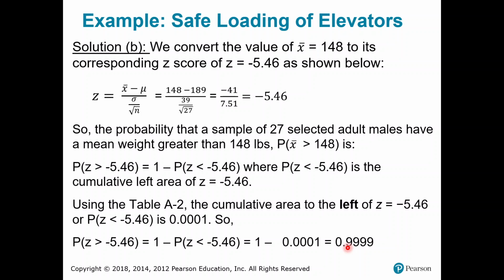And so the probability that a sample of 27 adult males has a mean weight greater than 148 pounds is 0.9999.